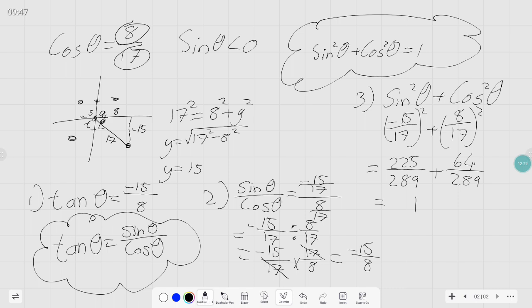Now keep in mind, this identity can change a little bit. How can it change? I can say sine squared of theta equals 1 minus cos squared of theta. What happened? I just took the plus cos over. Likewise, I can say cos squared of theta equals 1 minus sine squared of theta.